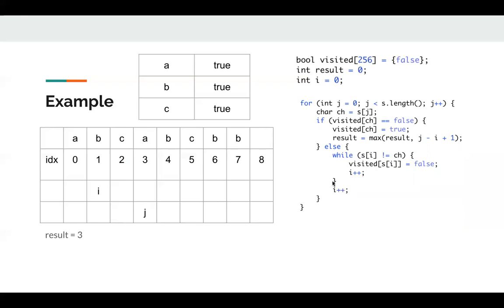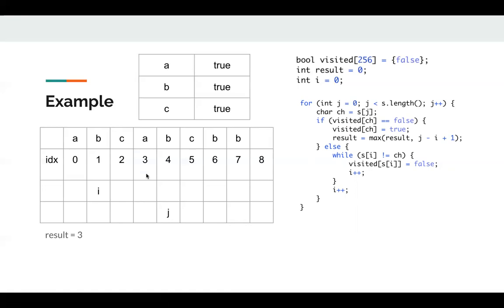We go to here, i++, which means we pop A. So here, j is A means we eat A, then we pop the A at first. It's a no op.